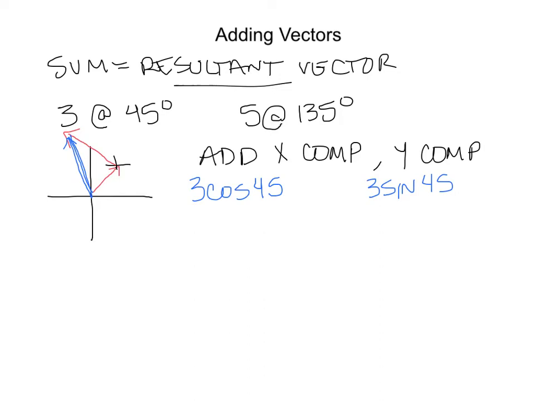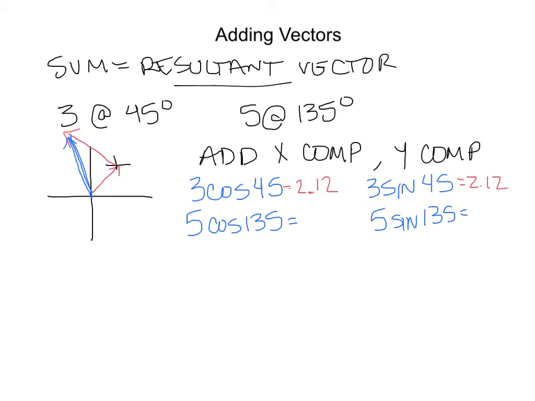And we are going to end up with 2.12 for the first one. And we're also going to get 2.12 for the second one. Now we're going to find both of those for the second vector. So we're going to do 5 times the cosine of 135 degrees. And we're going to do 5 times the sine of 135 degrees.